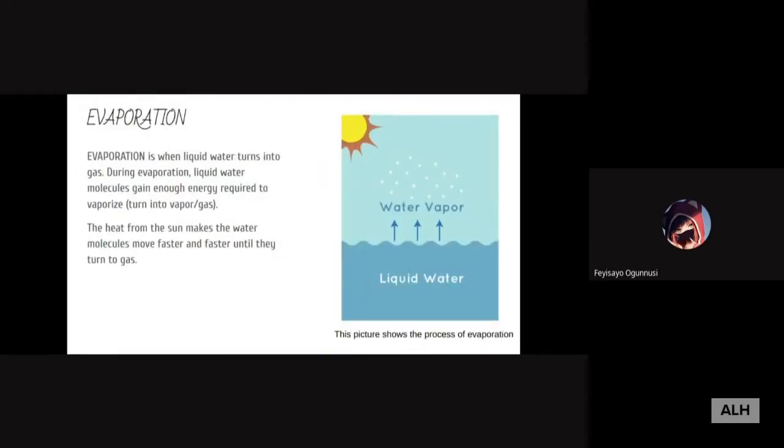Evaporation is one of those processes, and it is when the sun's energy turns liquid water into water vapor, which is a gas. So the water molecules gain the energy required to turn into water vapor.